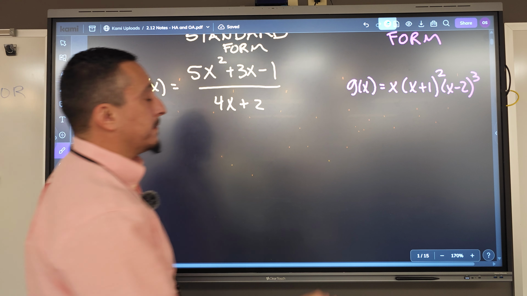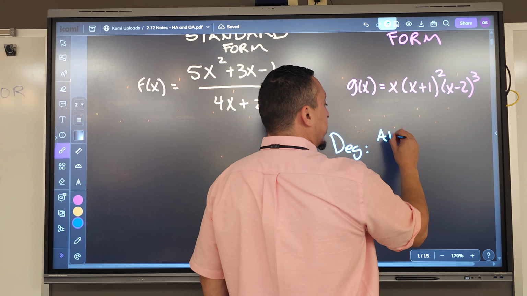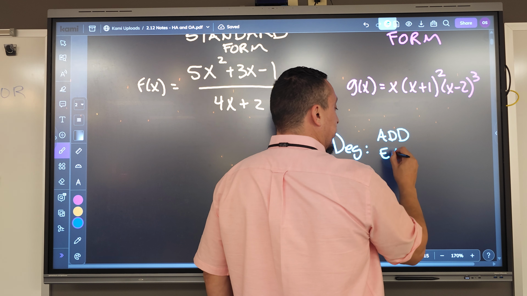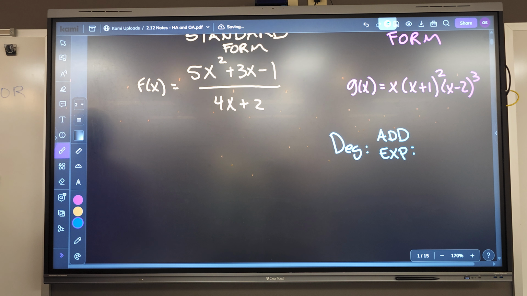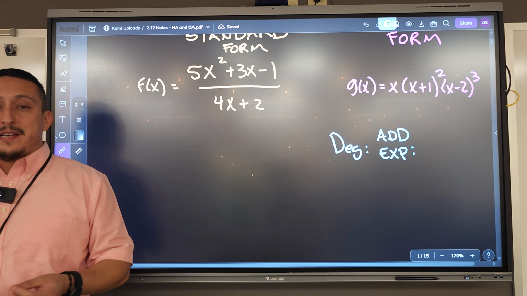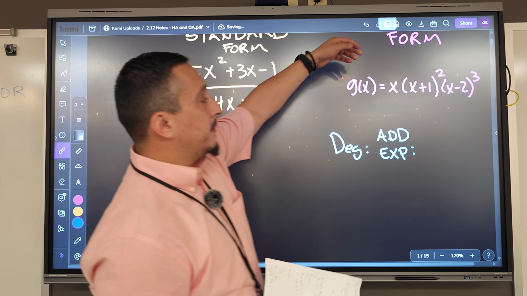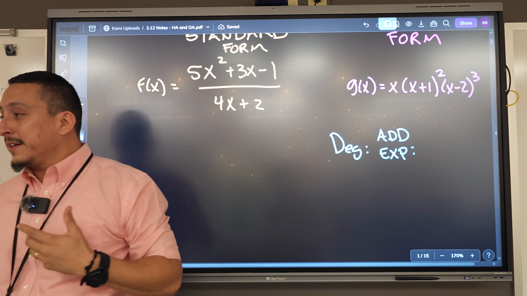As you recall, on factored form, to get the degree, we add the exponents, the powers. Now, back when we had that test for factored form, a lot of you would miss this question, because we would forget one of these exponents, right? When I don't have an exponent, such as in this case, what is the exponent? 1, right?